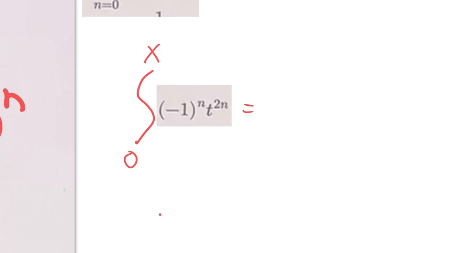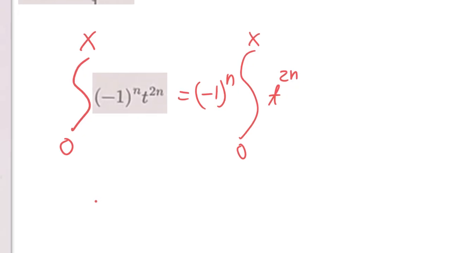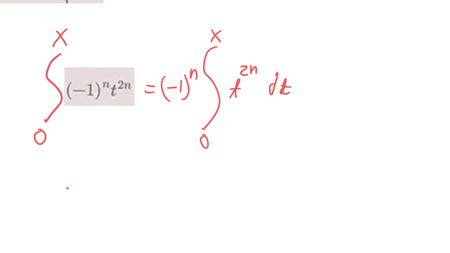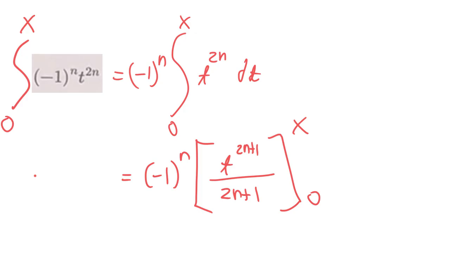And it's the case that -1 could kind of go on the outside. And we have t to the 2n, dt in this case. And I think my student watching would agree. We have -1 to the n, and we have our brackets. And that's really going to be t to the 2n plus 1 all over that new exponent, which is 2n plus 1 down here. And then we have from 0 to x.